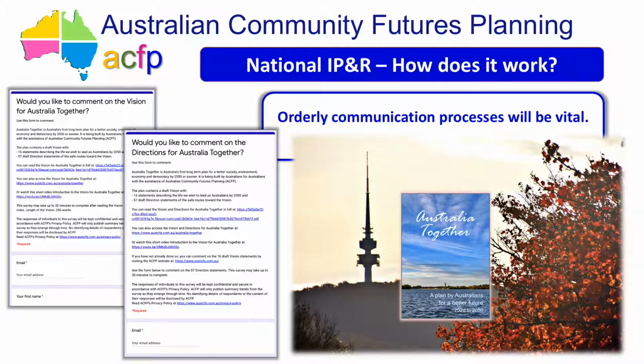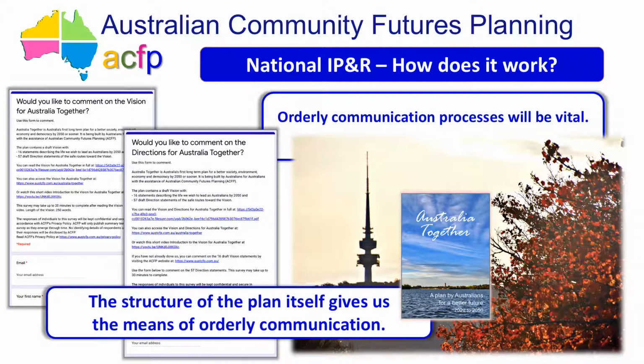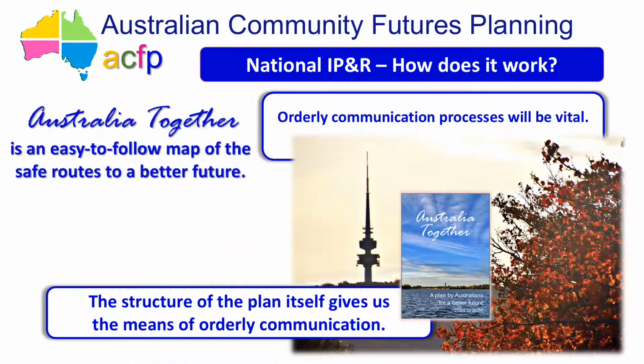Overall, though, the structure of the plan itself is the main thing that is most likely to assist people to follow what's going on in the planning and contribute meaningful and constructive commentary on the things that are most important to them. Australia Together is structured so that we can keep the map simple and easy to follow. A national plan could become very complicated if it were poorly structured, but that needn't happen at all.